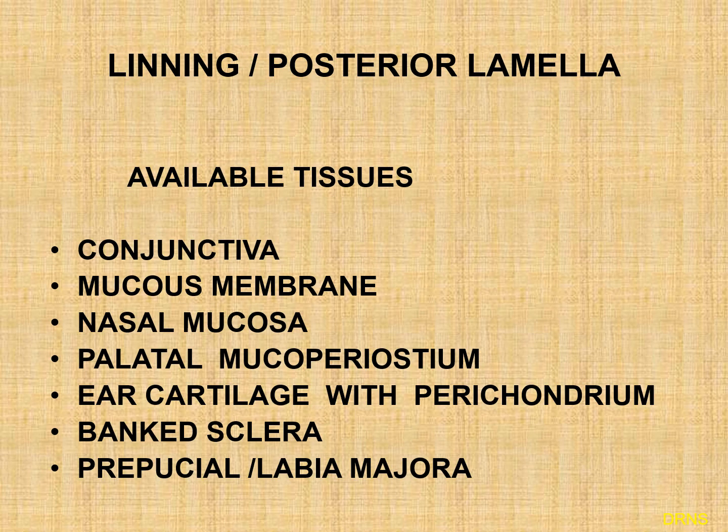For posterior lamella, the available tissues are conjunctiva, mucous membrane, nasal mucosa, palatal mucoperiosteum, ear cartilage with perichondrium, banked sclera, preputial or labia majora tissue.